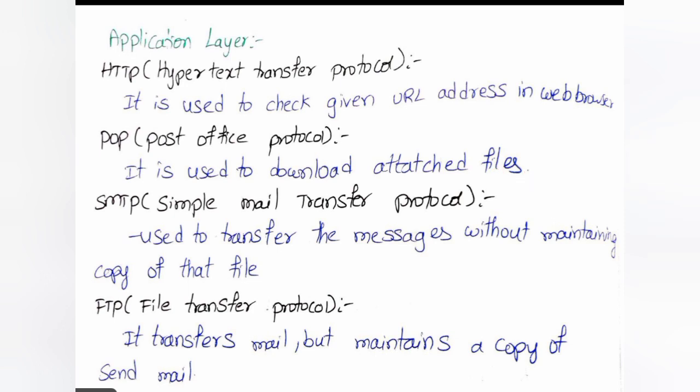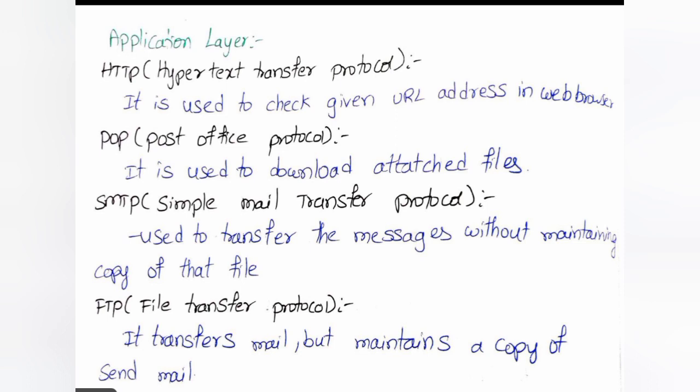So next one is the simple mail transfer protocol. It is used to transfer the messages without maintaining a copy of that file. So using this protocol we can transfer the messages without maintaining a copy of that particular file. To transfer the mails, we use the SMTP protocol, and to download the attachments in the mail, we use the POP protocol.